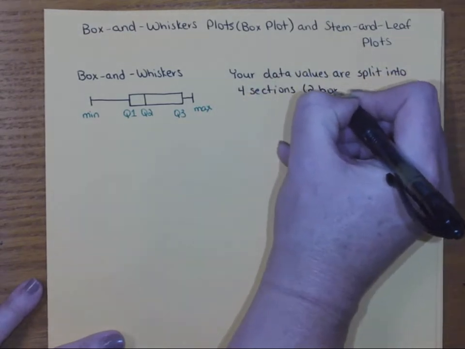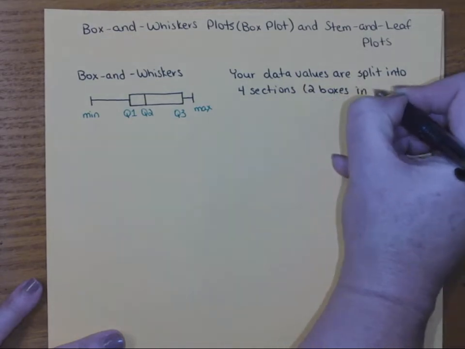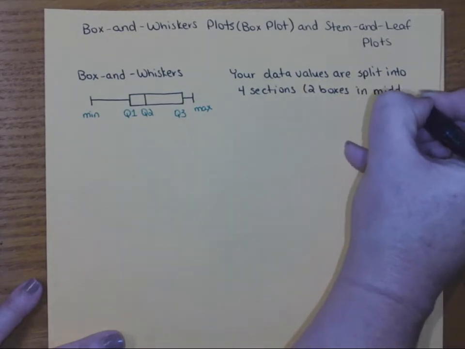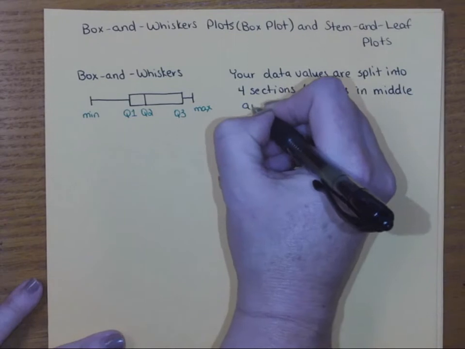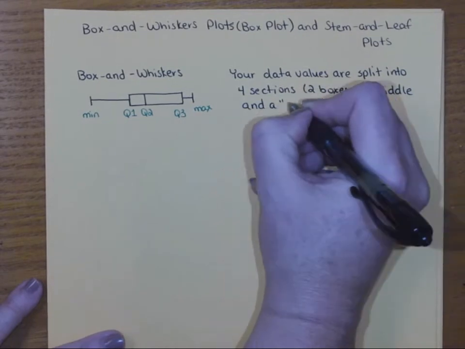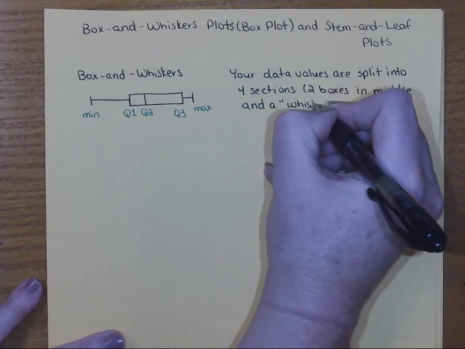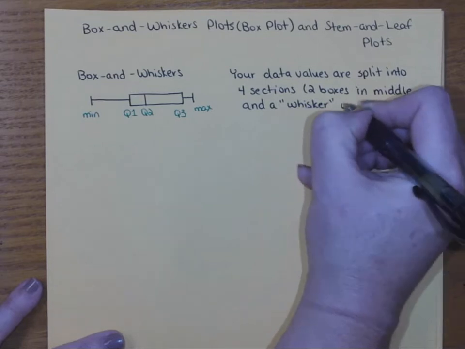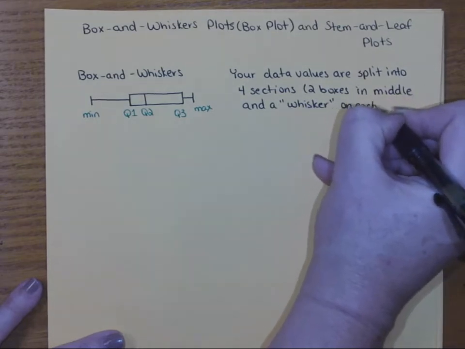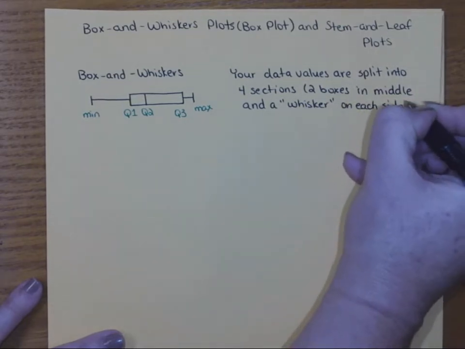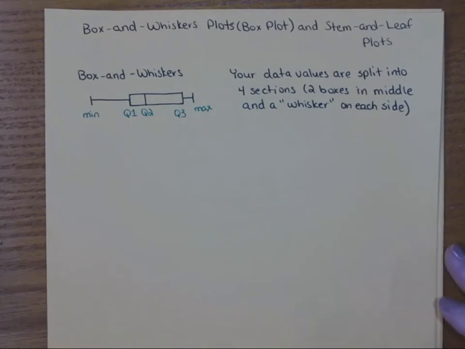Two boxes in the middle, and a whisker on each side. You can judge for yourself whether you think it looks like a whisker. I think that's kind of a goofy name for it myself, but I didn't come up with it. That's just what they're affectionately called.